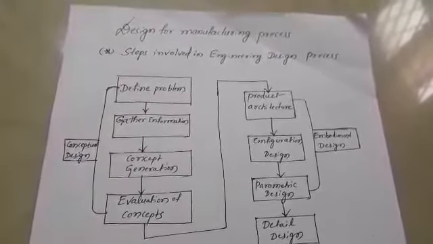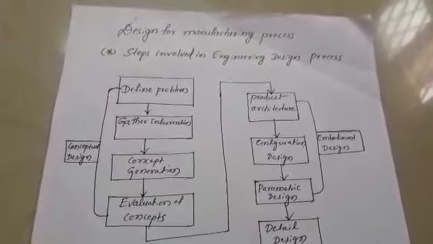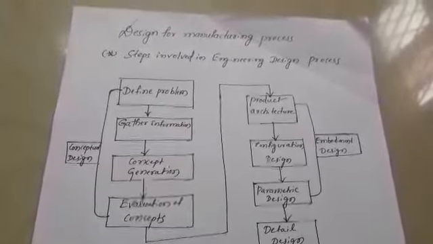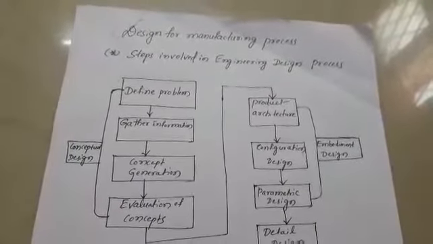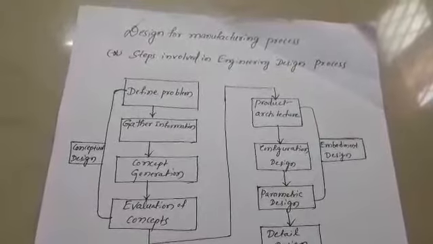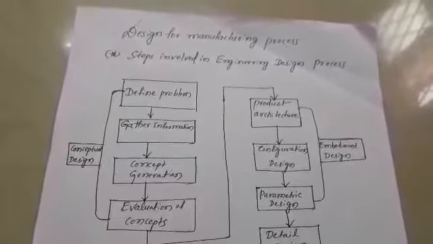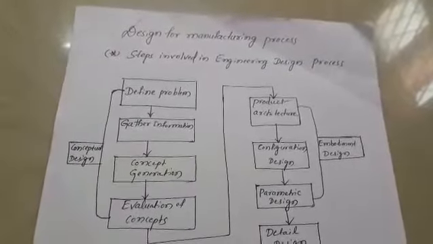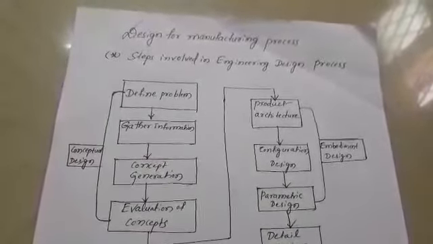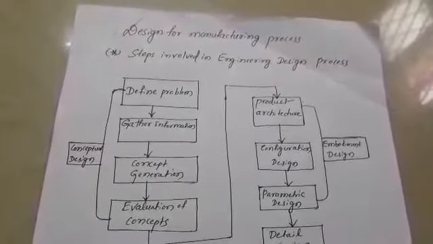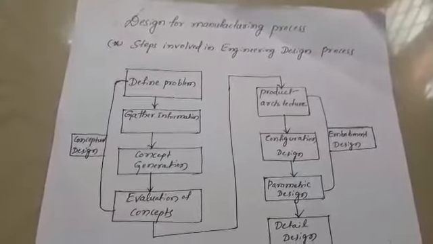For example, what is the fuel capacity of that vehicle? What is the length of that vehicle? What is the height of that vehicle? And what type of engines are used in the existing vehicle. Like that, we have to collect the information about that product. Whatever information we collect should be helpful for converting customer needs into engineering design.